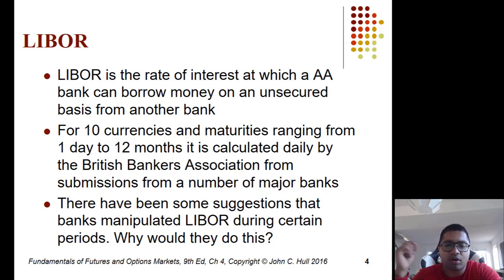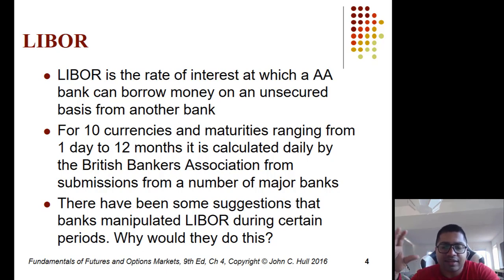So it will be JP Morgan, Royal Bank of Canada, right? Then let's say banks like Bank of China. It will ask them how much rate would you charge to lend and how much rate would you charge to borrow. So it will get that rate from these banks.